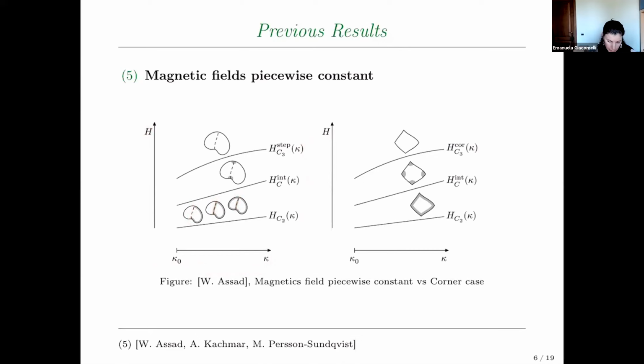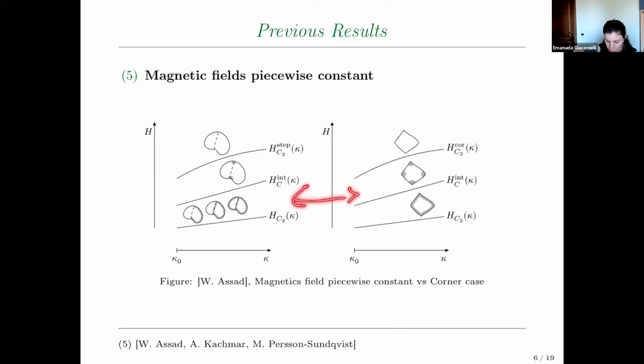And what they proved is that, depending on some critical fields, superconductivity survives just first close to the boundary, and then close to the points in which the magnetic barrier meets the boundary, and then you lose superconductivity completely.